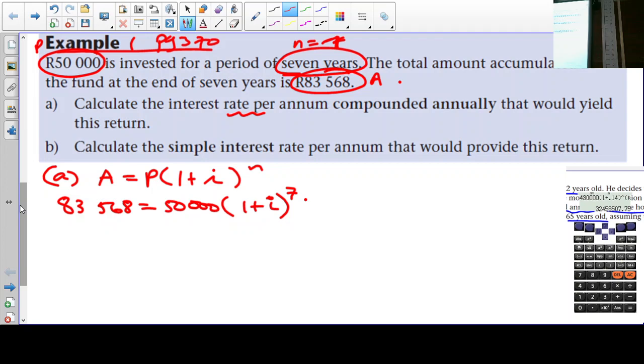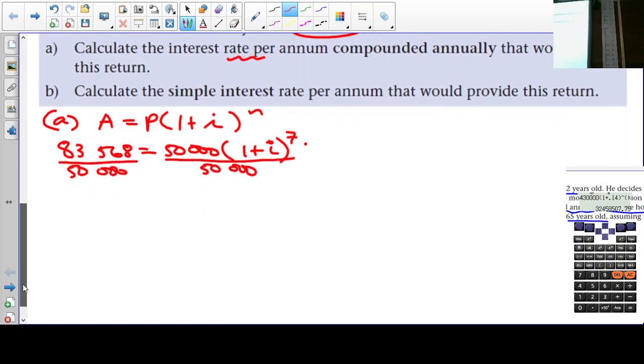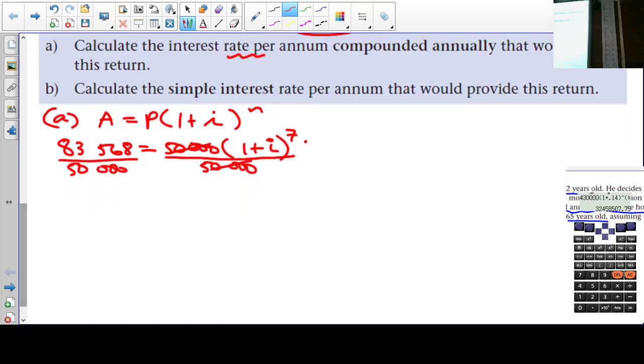Alright. So what do I do next? What do I do thereafter? Divide by 50,000 both sides. So what happens is that cancels.